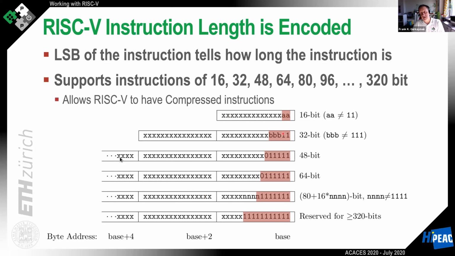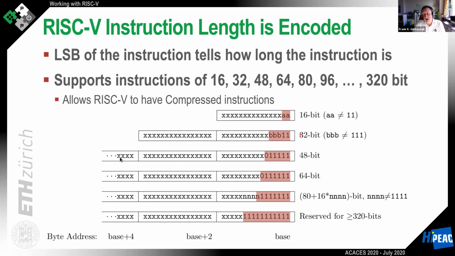If they are 1, 1, the next 3 bits will tell you, for example, that they are 32-bit instructions, and so forth. Technically, you can have instruction lengths in 16-bit increments from 16 all the way to 320, and even for 320 plus, you have an encoding that allows you to define a wide variety of instruction lengths.